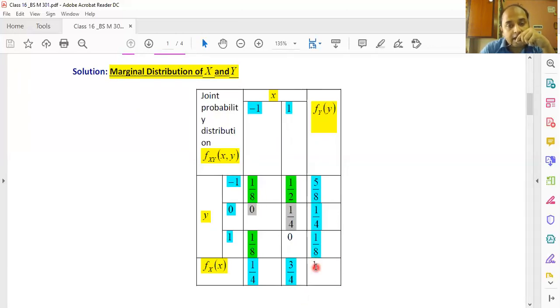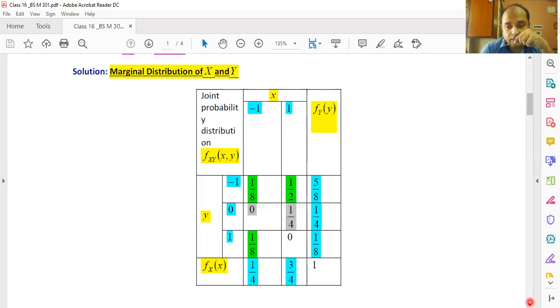There may be two things: either your calculation is wrong, or probably we have made some kind of mistake, or probably some data are missing for some reason or other. So this is a kind of checking criterion. So this completes the distribution chart, which we call the marginal distribution chart for random variable capital X and random variable capital Y.